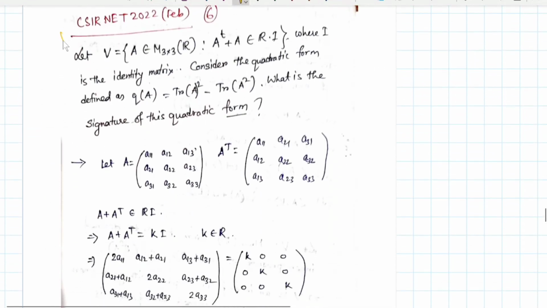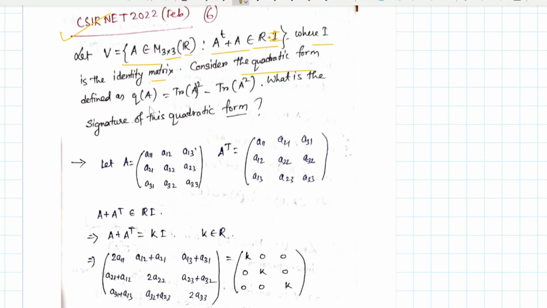Now question number 6 from part B, and this is the last question of part B, worth 3 marks. Let A be a 3 by 3 matrix over the field R, where A transpose plus A belongs to R times I, meaning the identity matrix of order 3, where I is the identity matrix.